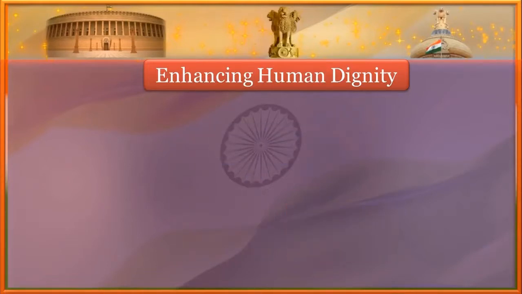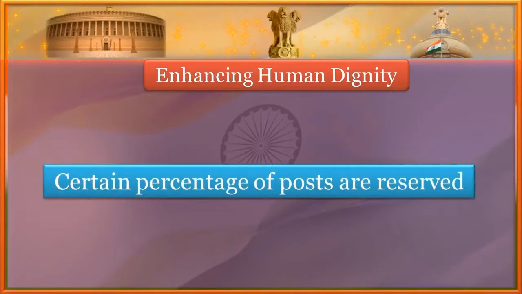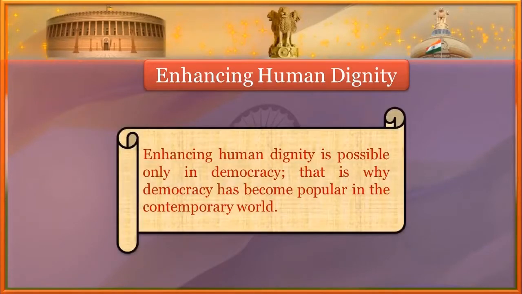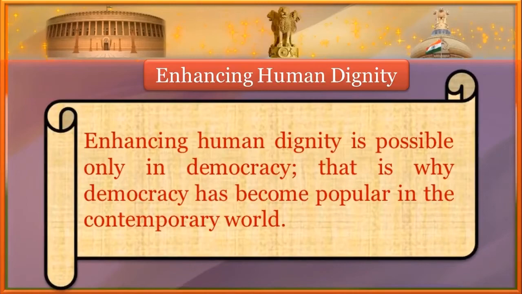For such economically backward people, a certain percentage of posts are reserved so that they can live with dignity. Enhancing human dignity is possible only in democracy. That is why democracy has become popular in the contemporary world.